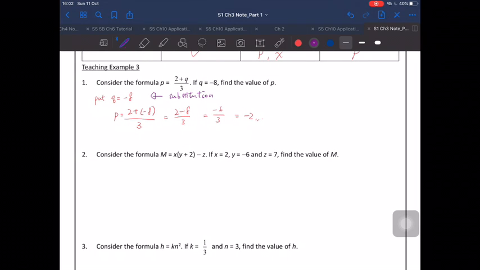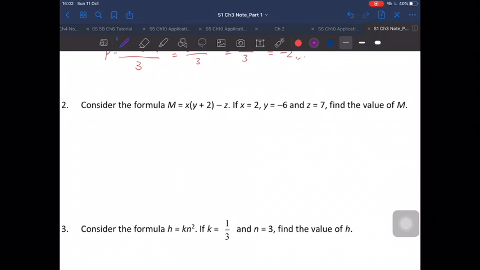Then I will talk about question number 2. For question number 2, you will find that different values of the variables are given. M is equal to x times brackets y plus 2 minus z. We know x is equal to 2, y is equal to negative 6 and z is equal to 7.